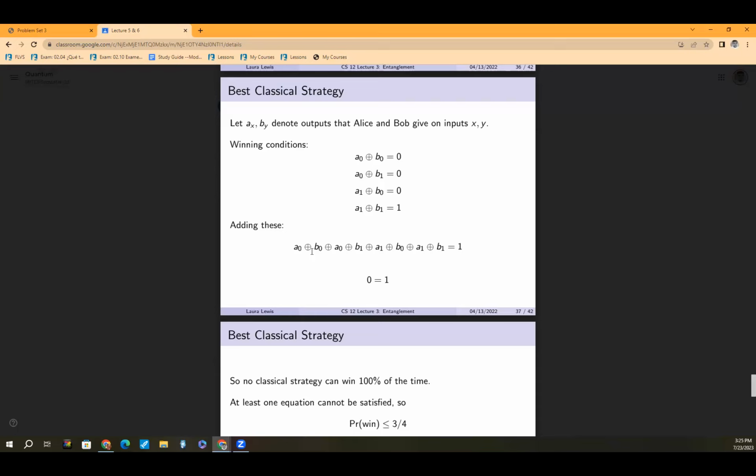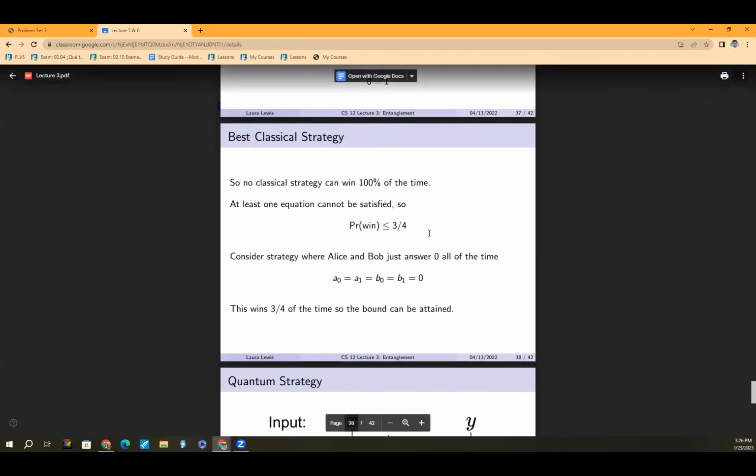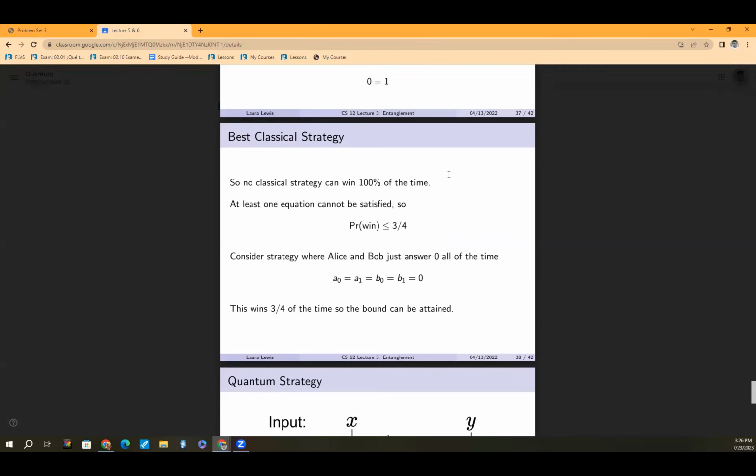But based on the input she gave, I know at least that if I did modulo 2 operators, this would work. If I try to do it based on the respective operators of the right-hand equation, this is pretty much an indicator that at least one equation cannot be satisfied, so your probability of winning is less than or equal to 3/4.